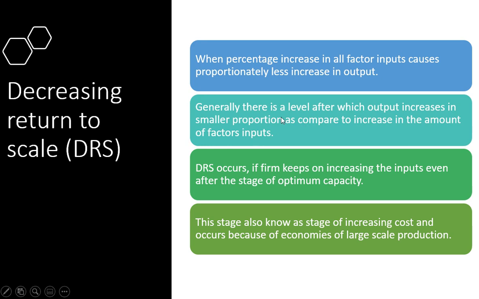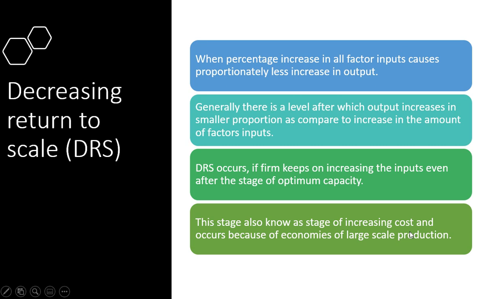This is the point where the economy has achieved its optimum level, and if that particular firm hires more laborers after that optimum level, then it will give him less and less production when he hires more labor. A decreasing return to scale occurs if the firm keeps on increasing the input even after the stage of optimum capacity.